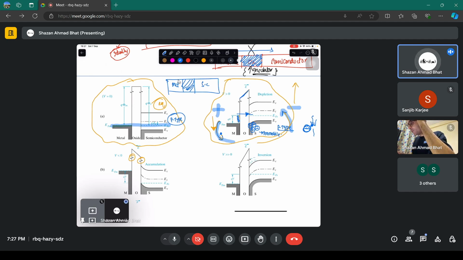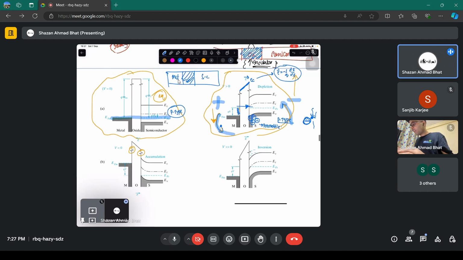That is what this bending is also showing. This is the conduction band of the oxide, and the electric field is also equivalent to this. It is applicable everywhere. It doesn't matter whether it's the oxide conduction band or the semiconductor conduction band.